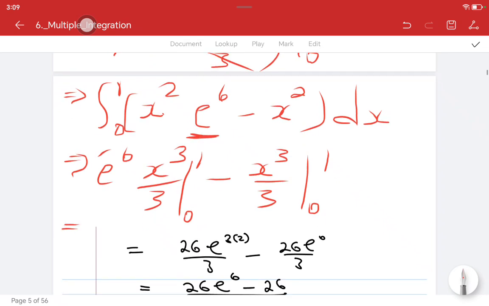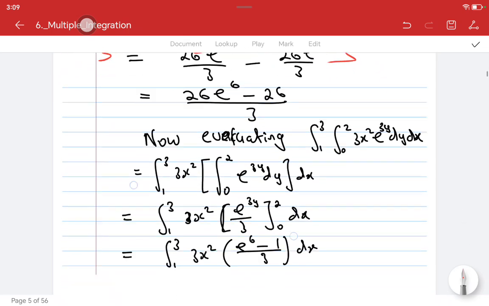And that would be e to the 6. And then if I plug 1 there, minus 0, I'll get 1 over 3, minus 1 to the minus 0, will be 1 over 3. Then I can have e to the 6 minus 1 over 3.